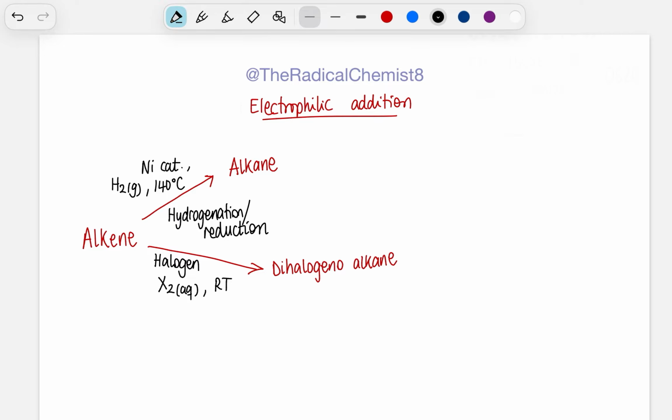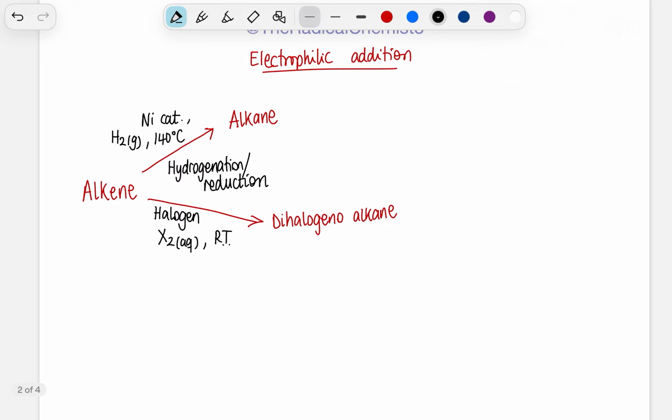Commonly, we look at bromine water and it decolorizes in the presence of a C=C double bond in alkenes. Next, you also need to know how to form a halogen alkane. And this will be done using a hydrogen halide, so HX in the gaseous state at room temperature.